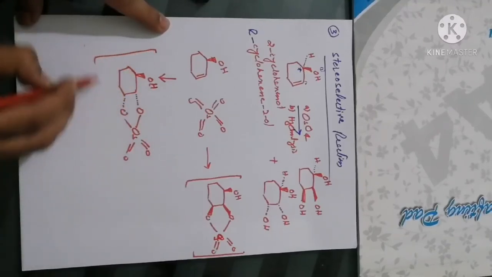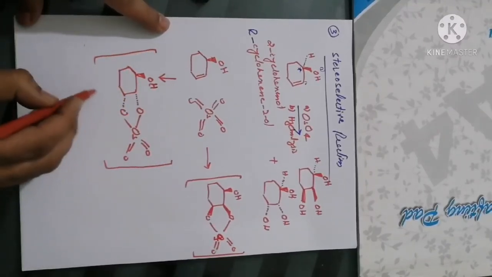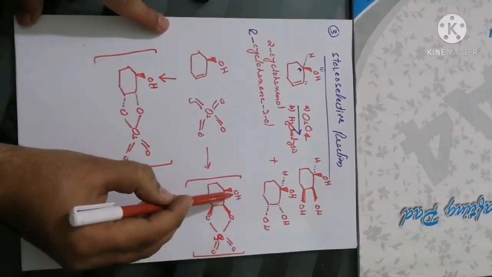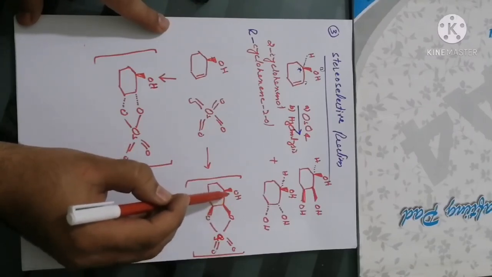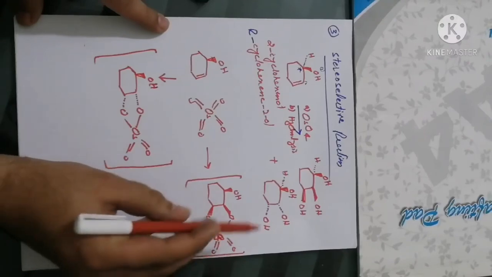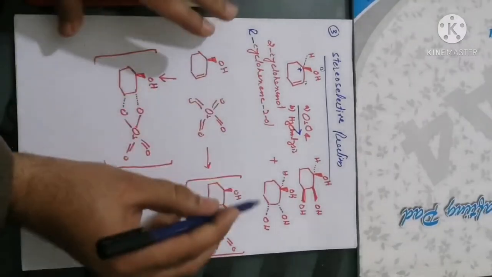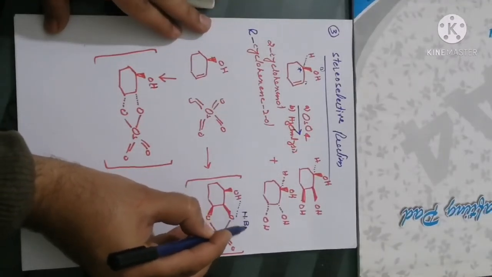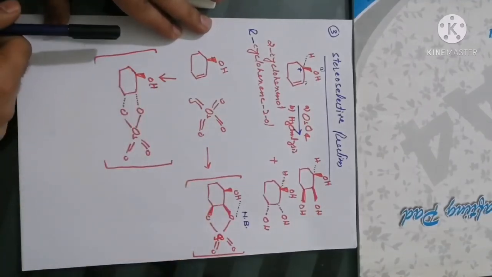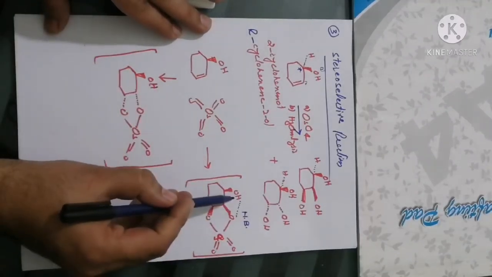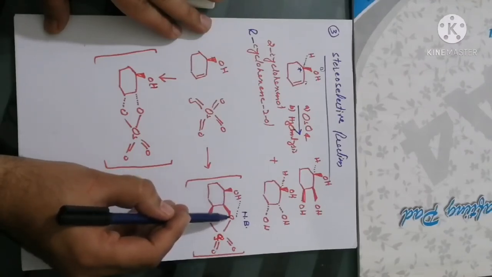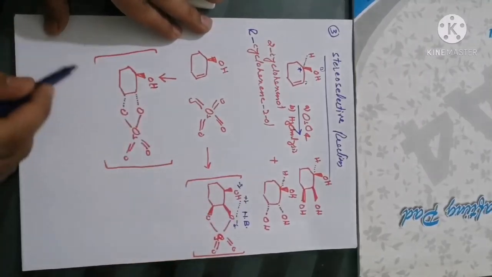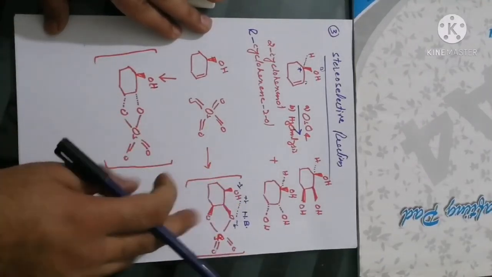Which transition state do you think is more stable? Here in this transition state, this hydroxyl and this oxygen are on the same side of the cyclohexane ring. So there are great chances of hydrogen bonding between these two oxygen atoms, with hydrogen bridging between two electronegative elements.